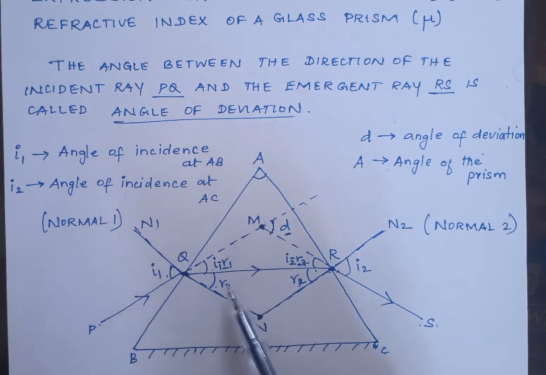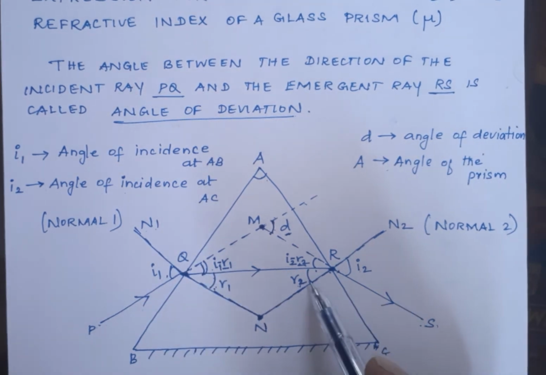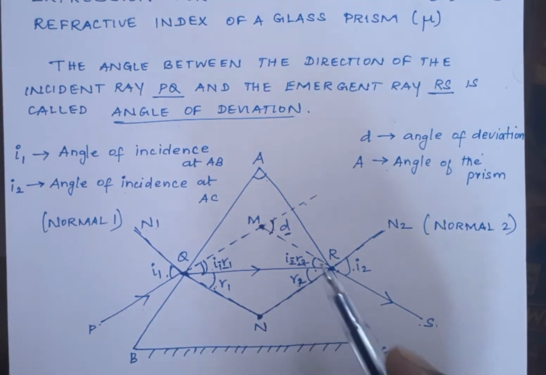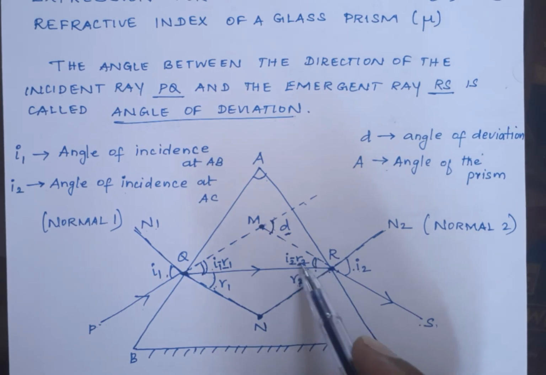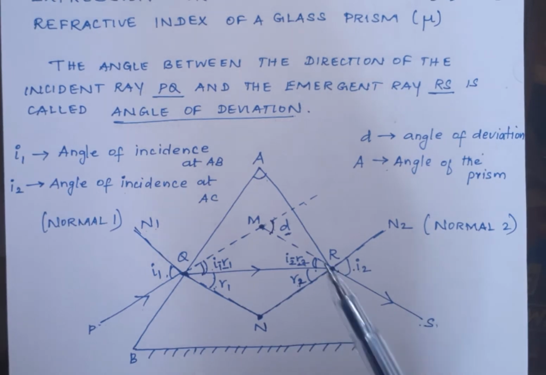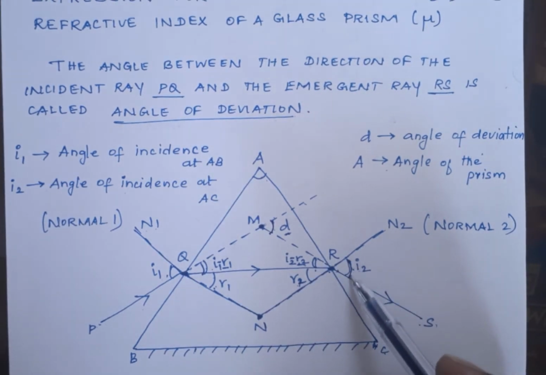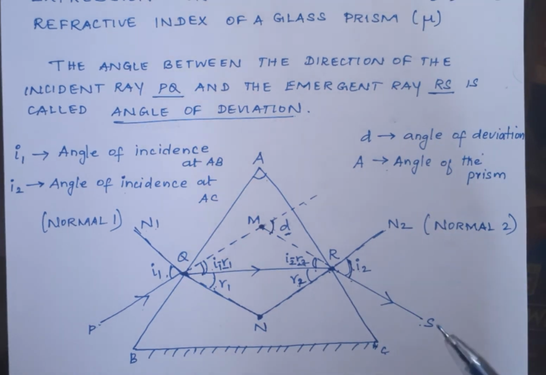If this is I1 and this is R1, this angle becomes I1 minus R1, and this is I2 and this one is R2, and this angle becomes I2 minus R2. So with these parameters we are going to find the angle of deviation and the refractive index of the given prism. Right?